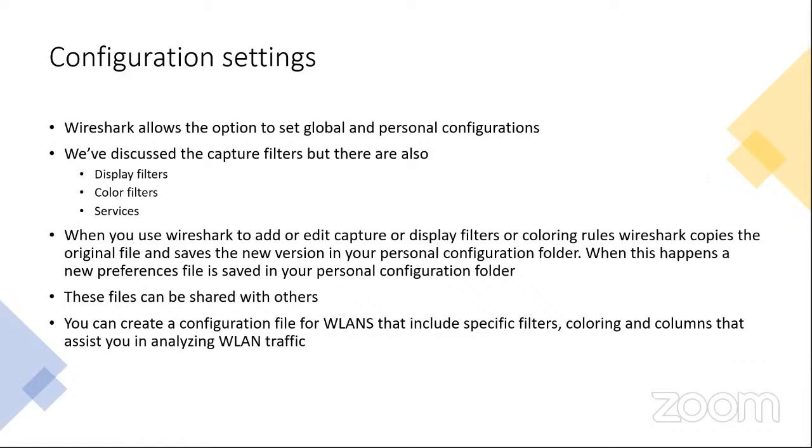All of the configurations that you do, including colors, the way you have columns set up, and any information specific to you, will be stored in your personal configuration folder. You can also share these personal configuration files with other people if you want to.